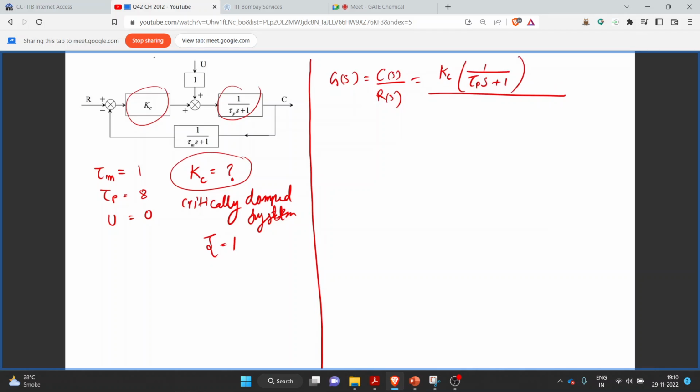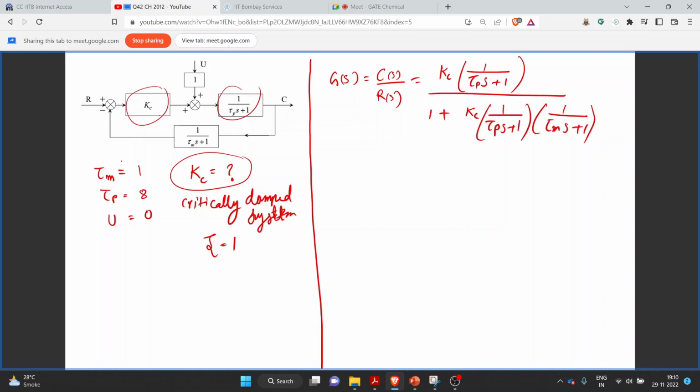The denominator will be 1 plus the multiplication of all these three blocks, so it will become 1 plus Kc times 1 upon tau p s plus 1 and 1 upon tau m s plus 1.